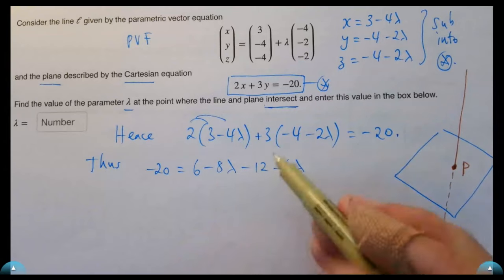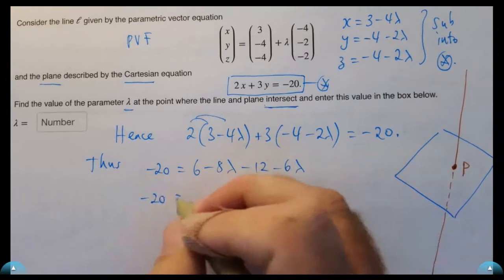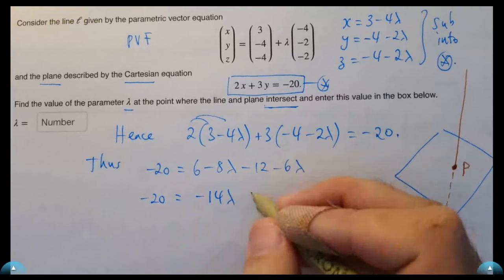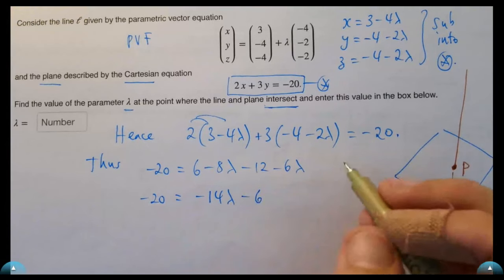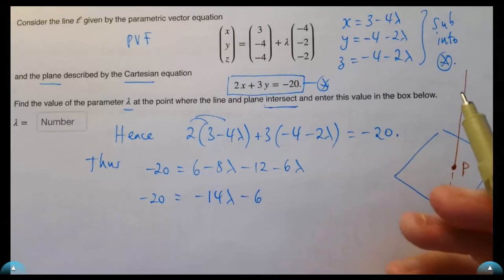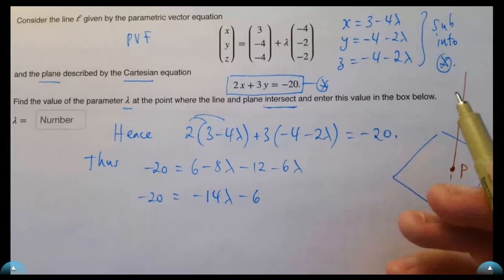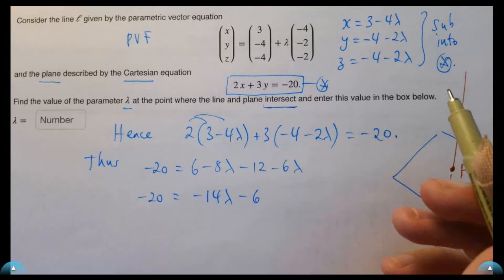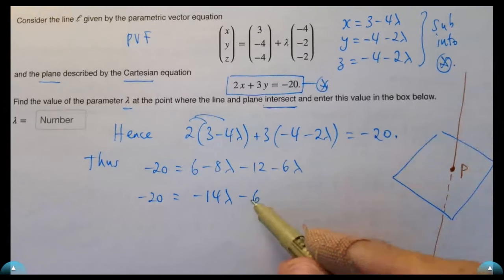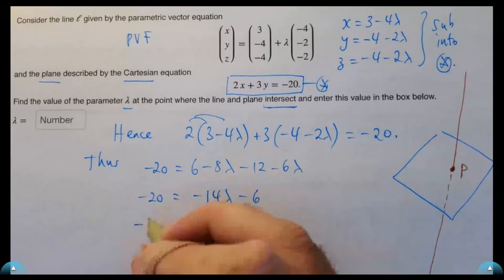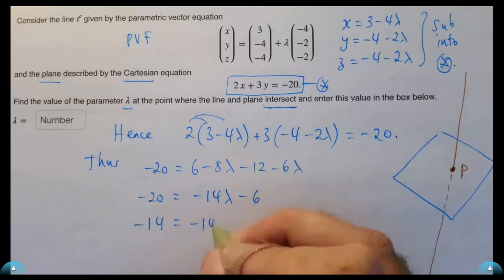So negative 14 lambda on this side, and negative 6, is that right? Yes. So if we bring the negative 6 over to the other side, we'll get this.